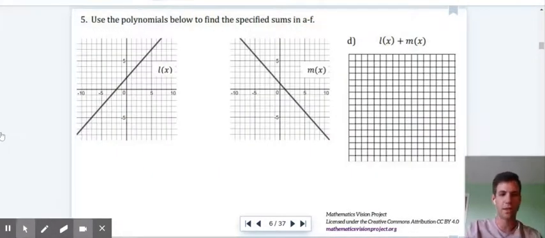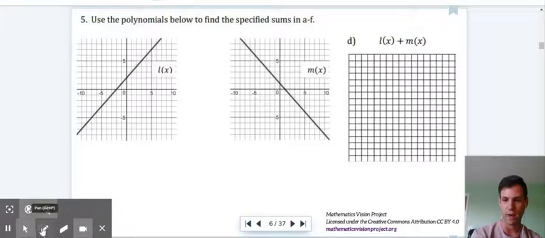In this next problem, we are doing a sum of a couple different graph problems. When we're talking about graphing and adding polynomials, if we're looking at two line functions, which are known as linear, if we add two linear polynomial expressions or functions together, is the answer we get going to be the same thing?